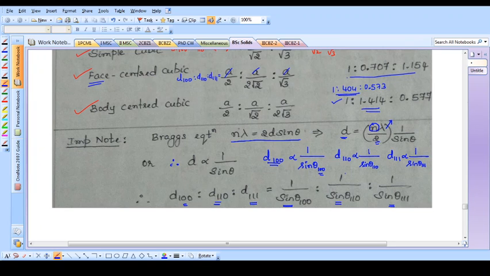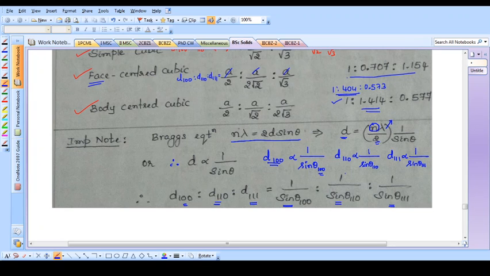So the ratio of the interplanar distances is equal to the ratio of 1 by sine theta. I repeat, the ratio of the interplanar distance is the same as the ratio of 1 by sine theta corresponding to the same plane.